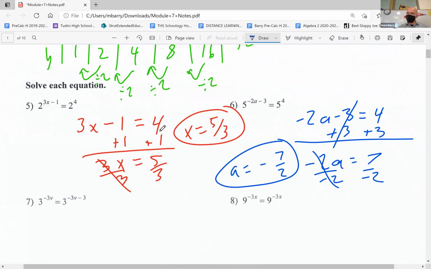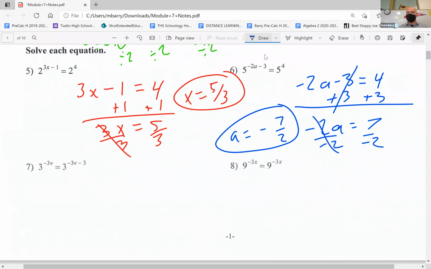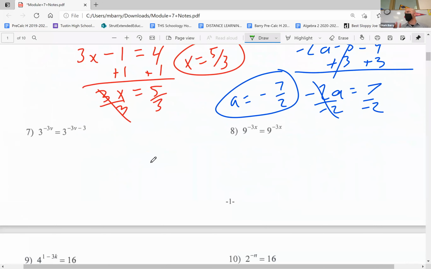All right, so then same idea with number 7 and 8 here. Now they're going to take a little bit of a left turn in a minute, but the first step's the same. The bases are the same. When the bases are the same, we just set the exponents equal to each other. Now, in this case, I have variables on both sides of the equation.